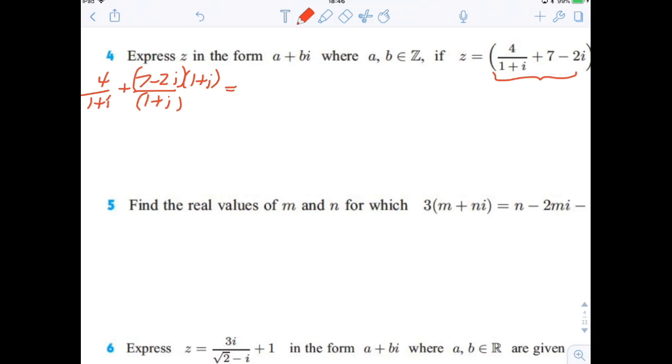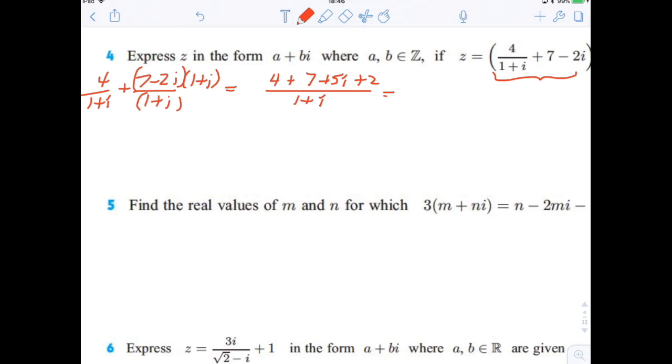And then we'll simplify that. So we'll have 4 plus, first term is 7, middle term is negative 2i and 7i, so that'd be plus 5i. Last term would be negative 2i times i, so doing negative 2 times negative 1 is plus 2. And the bottom is just going to be 1 plus i.